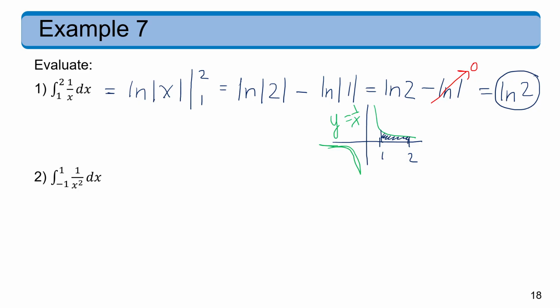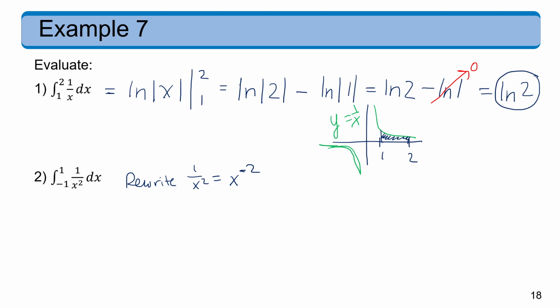Okay, let's go to the second one. Here, the function we have is not written in a form where we can easily know what the antiderivative is. So we could rewrite 1 over x squared as x to the negative 2 power.